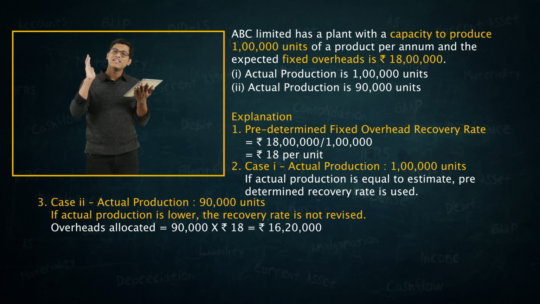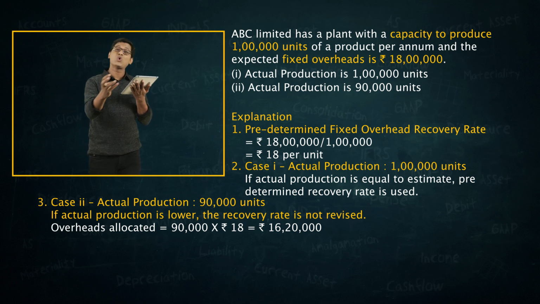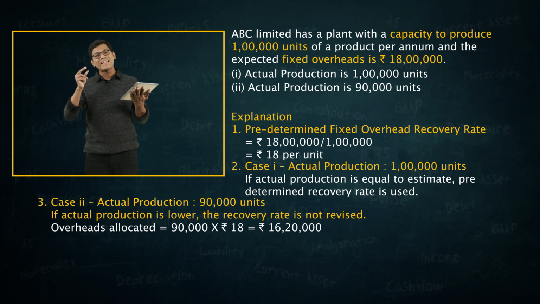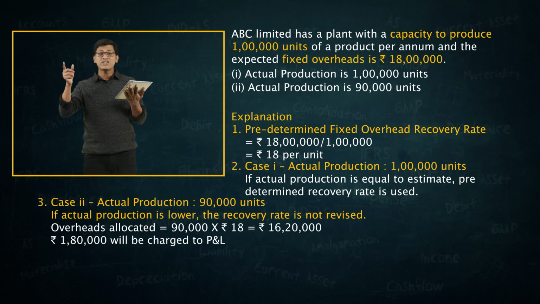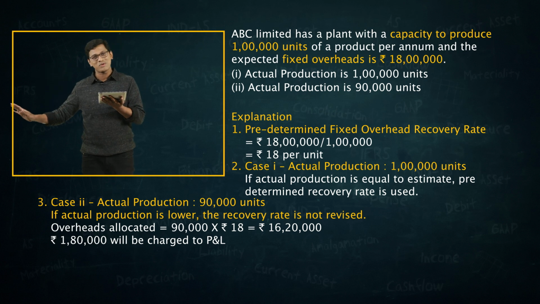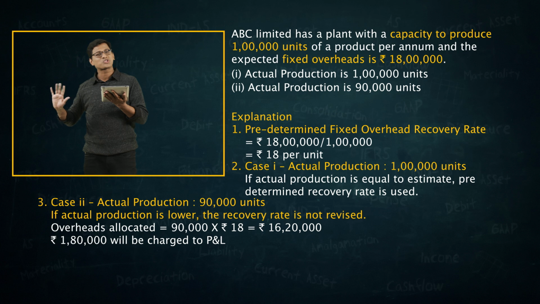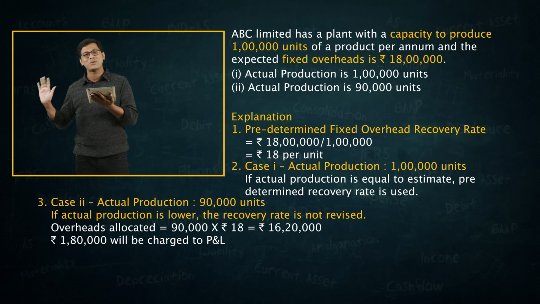That will be 16,20,000 and only this much can be considered as recovery, or basically this much portion can go into inventory. So what will happen to 10,000 units into 18 rupees? That portion will remain to be charged off to P&L fully immediately. That portion will not go into inventory valuation.